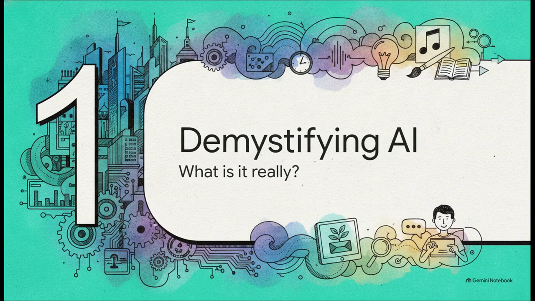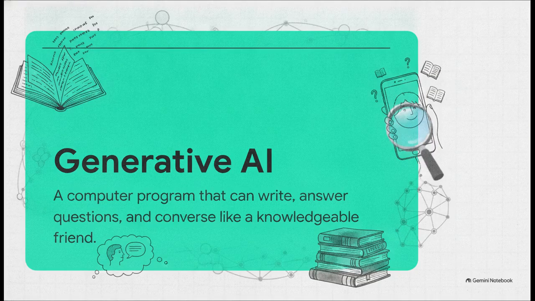What is it, really? I totally get that the phrase artificial intelligence can sound incredibly intimidating. It sounds like something straight out of a futuristic sci-fi novel, right? But when we actually break it down, it is surprisingly simple and deeply practical for your everyday life. At its core, generative AI is just a computer program.